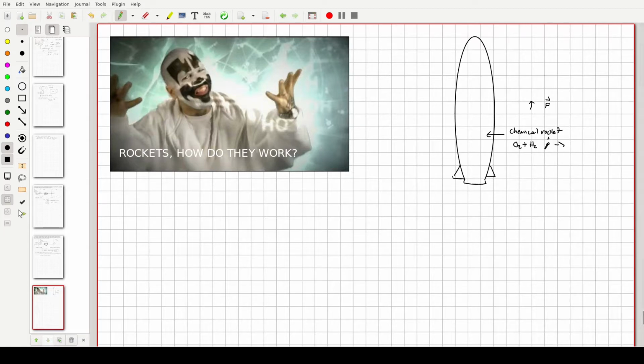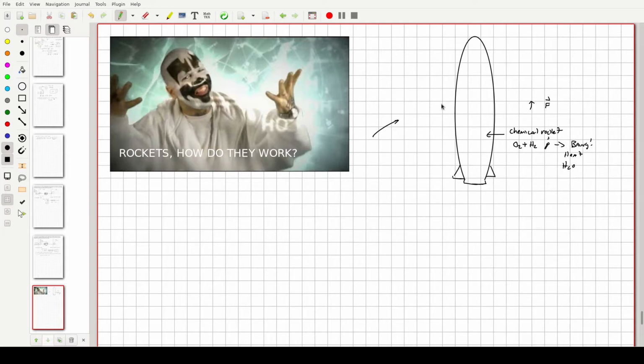That produces a big explosion, lots of heat. And you also get H2O as a byproduct. You get water. In fact, a lot of times when you see a standard liquid fuel rocket take off, that stream of exhaust you're looking at is actually a vapor trail. It's water vapor.